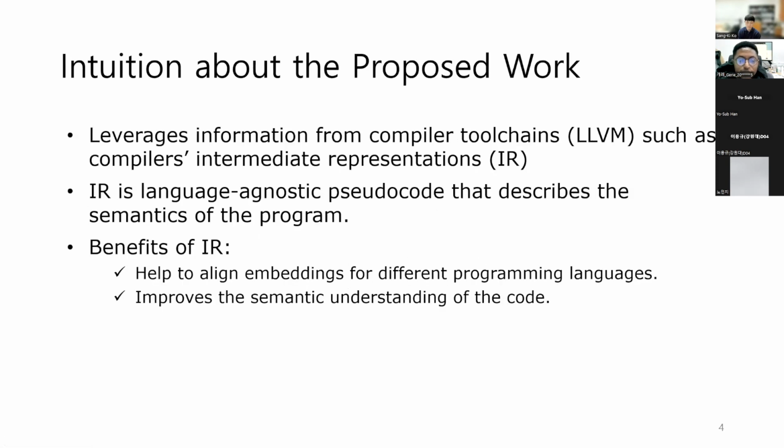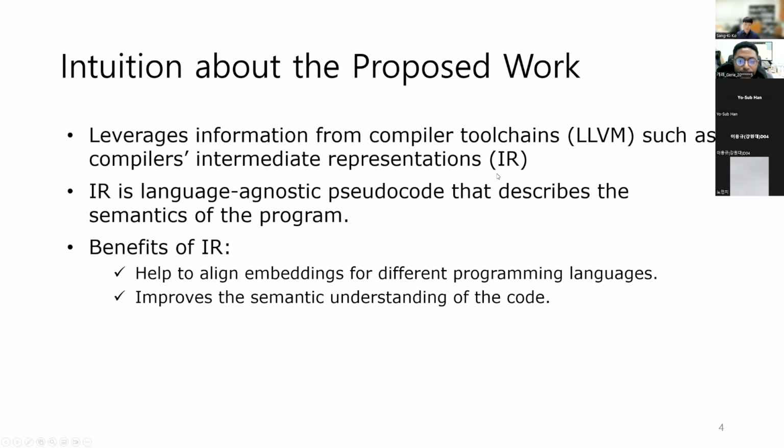So the intention of this program translation model is that it uses the intermediate representation from the compiler. Basically, in this paper, they use LLVM, low-level virtual machine, which incorporates intermediate representations of about 30 programming languages.